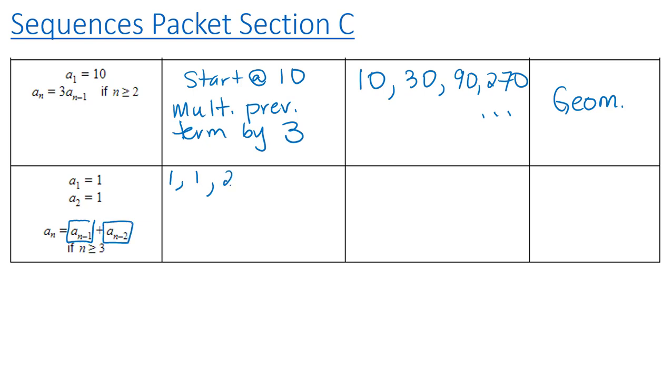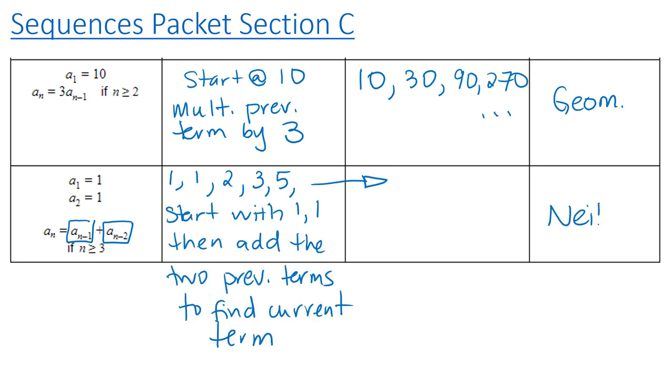So 1 plus 1 is 2. 1 plus 2 is 3. 2 plus 3 is 5, and so on. So this should really go over here. Not geometric or arithmetic.